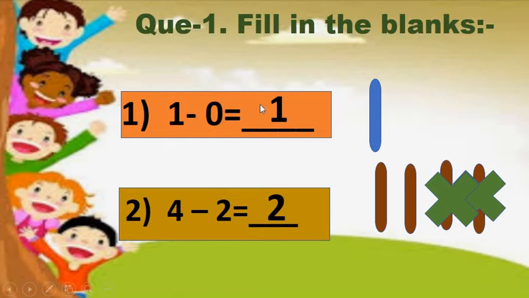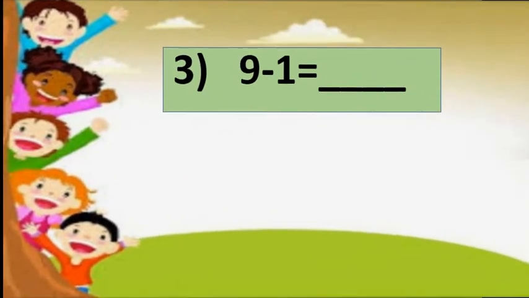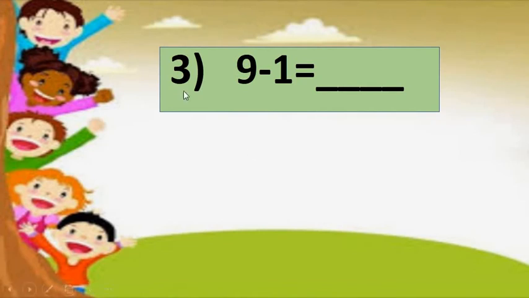Have you completed these 2 FBs in your notebook? Now leave one line and then write new FB. Number 3 is 9 minus 1 is equal to dash.